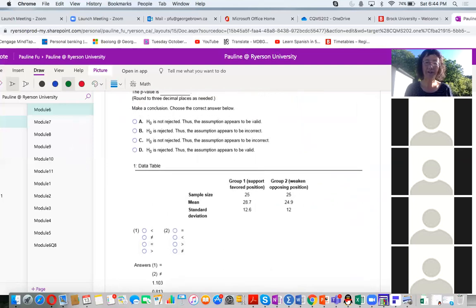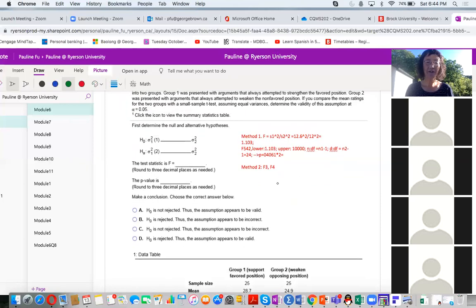And hypothesis H0: sigma 1 square equal to sigma 2 square, means population 1 variance equal to population 2 variance. H1 is the same as HA. Sigma 1 square not equal to sigma 2 square. Okay. So that is your H0, H1.